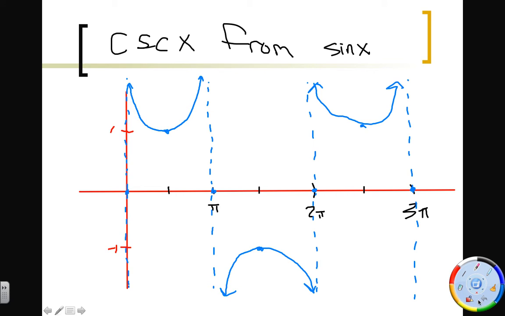Now what I want to do is the same thing for secant. Or sorry, we did cosecant. Let's do secant. So let's do secant of x, where we're going from cosine of x.